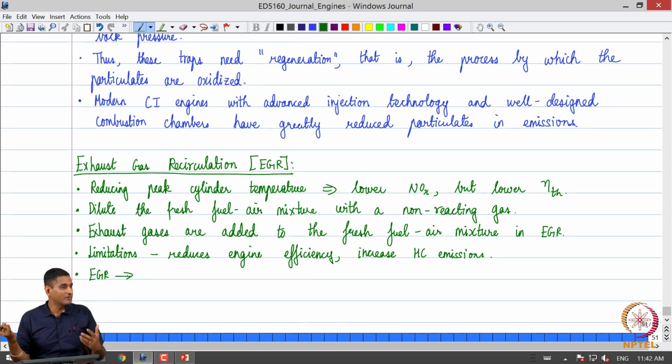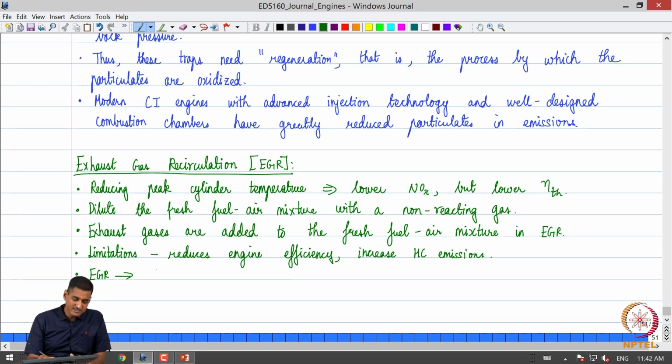Why would anyone want to add more exhaust gases to the fresh fuel air mixture? And then what is called wide open throttle, when we press the throttle towards its full maximum position where we want the maximum power. Even there we want a rich mixture to get more energy from the engine. So, we would not want to add more exhaust gases to reduce NOx there.